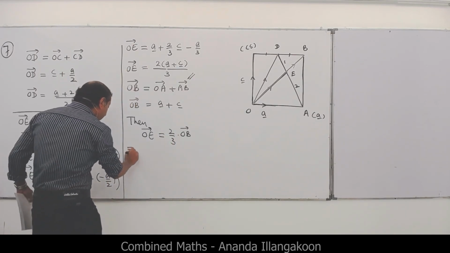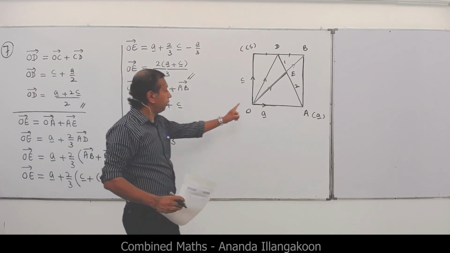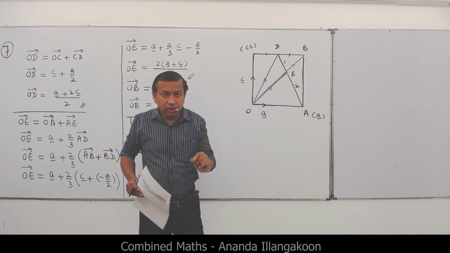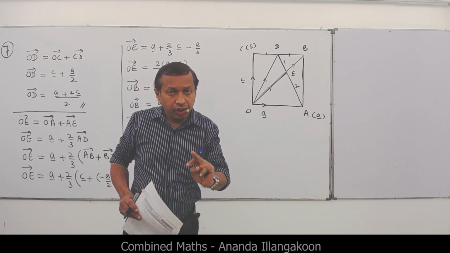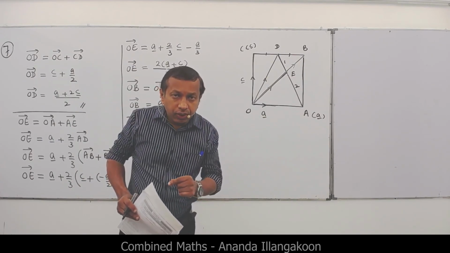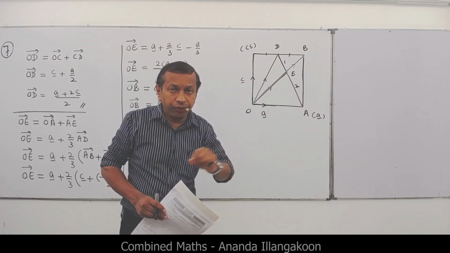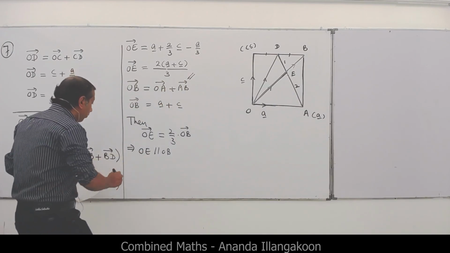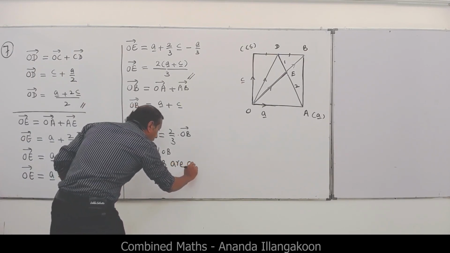This says OE is parallel to OB. OE line, this. OB line, this. They are parallel and they start from the same point. That means the lines should overlap each other. It says O, E, B, 3 points should lie on the same line. So therefore we can write O, E, B are collinear.